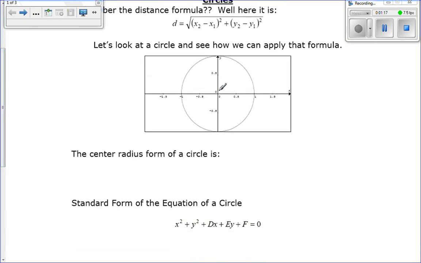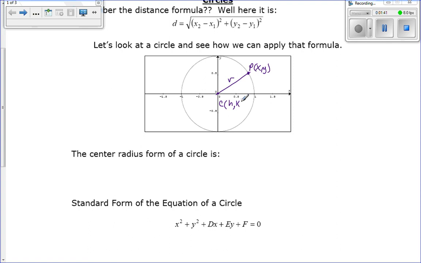If I go to this circle and I draw a radius out to the edge, this is the point P, which is x, y. For our center, we always use the point h, k.